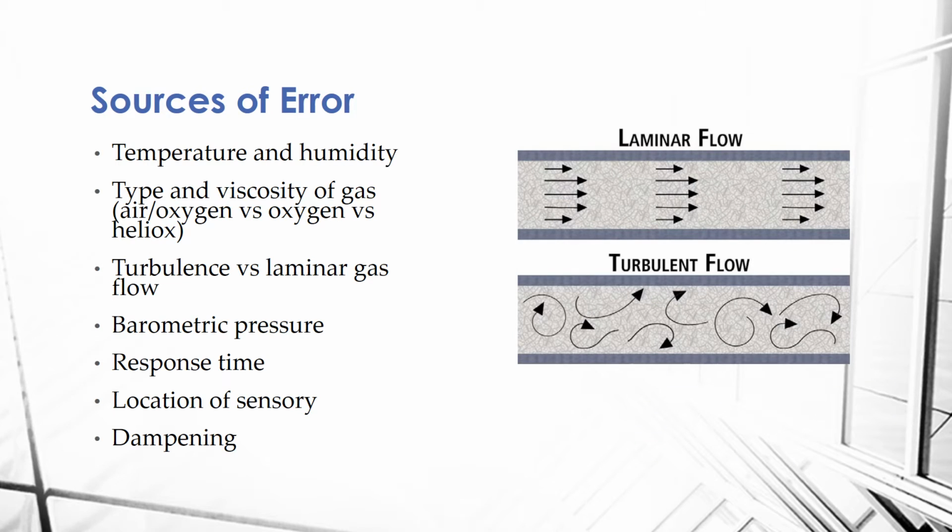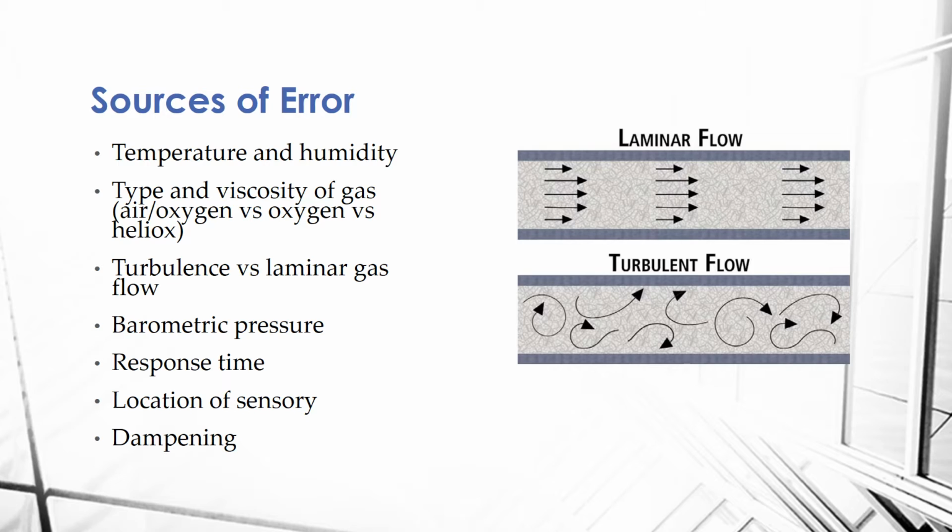Some sources of error when it comes to mechanical ventilation are due to temperature and humidity. High humidity systems can tend to mess up your pressure and flow sensors a little bit and can cause some errors. Also, the type and viscosity of the gas you're using can cause some problems. The best example of this is when you're going from air-oxygen mixtures to heliox.